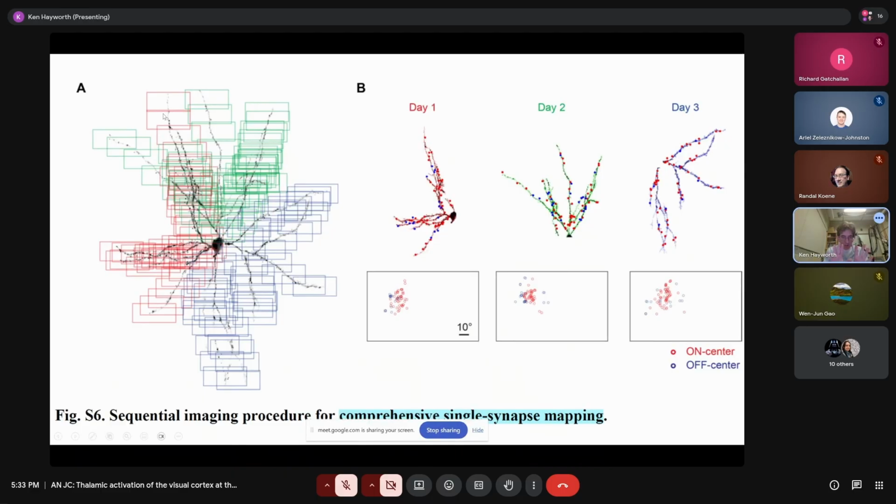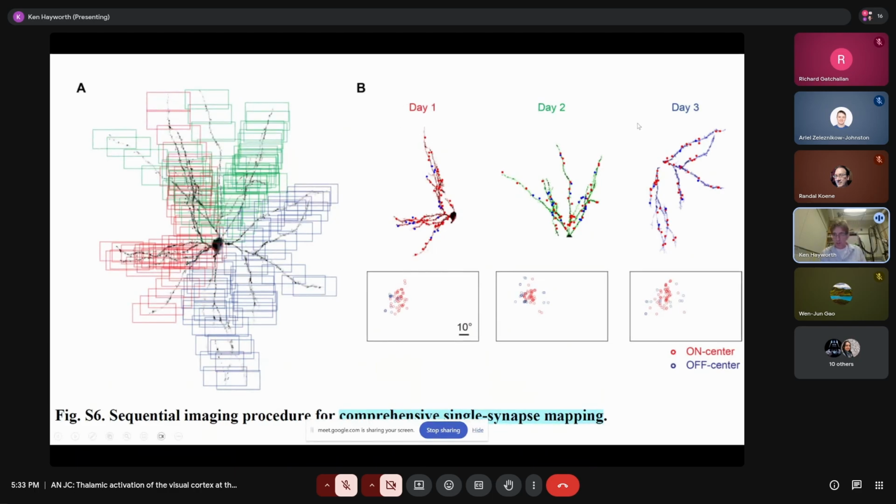in order to do these experiments, to map essentially every synapse, they had to take multiple fields of view so that they could zoom in on little pieces of the dendrite and go through the visual stimuli and record those, then move to another visual area, and another part of the dendrite, another part of the dendrite, another part of the dendrite. And they did that over multiple days.